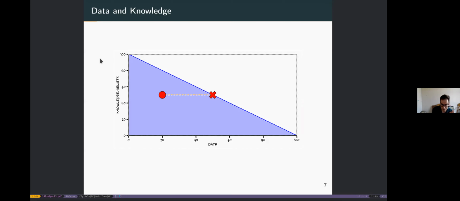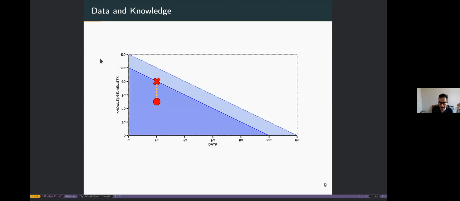The other way of solving the problem would be to move upwards, to actually try and add knowledge, to add understanding about the problem of Go. These two things, even though they're equivalent for solving a specific problem, become quite different if we add another task, if we add something new to it. Because data is very, very hard to transfer. It's very hard to transfer Go to, say, another problem, say chess or some other game.